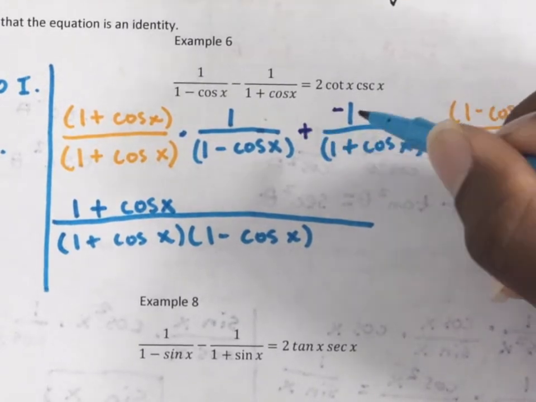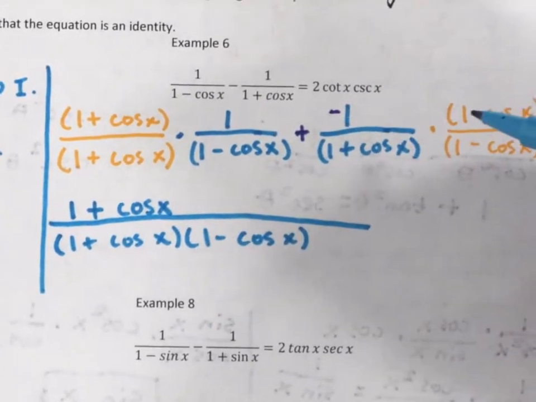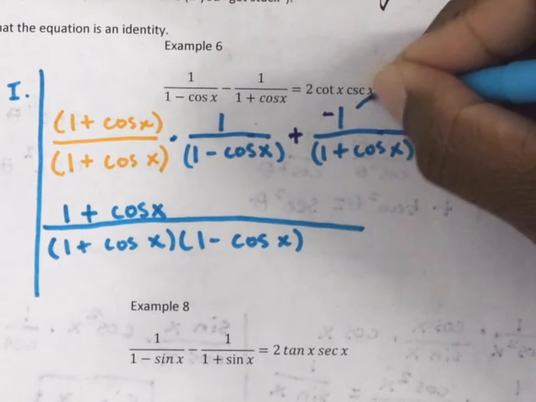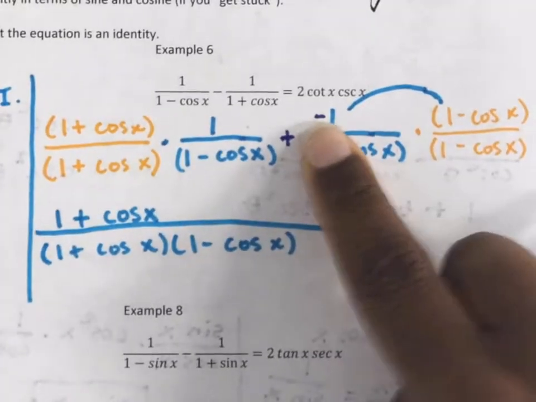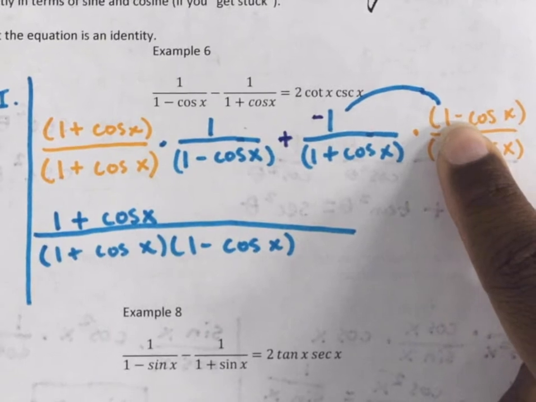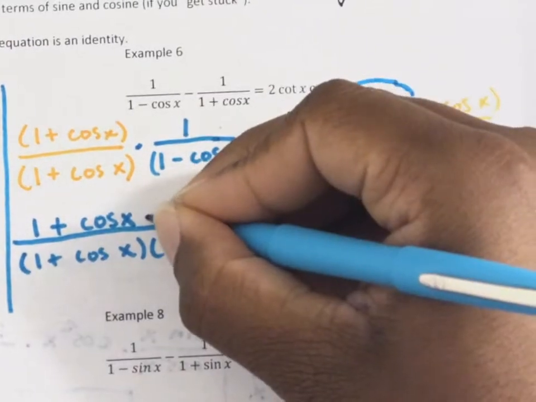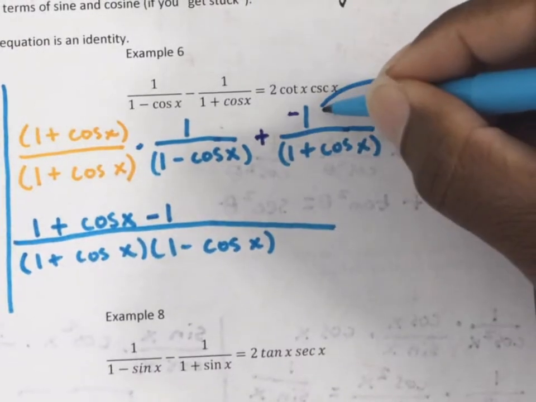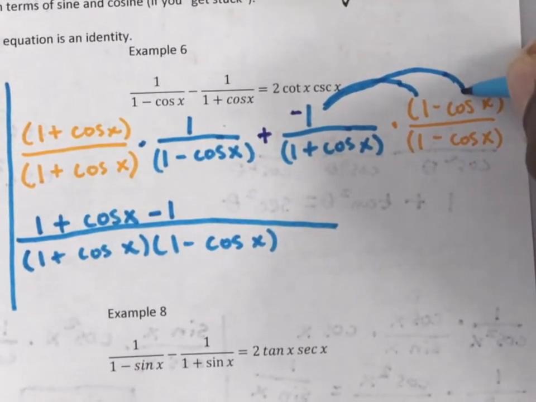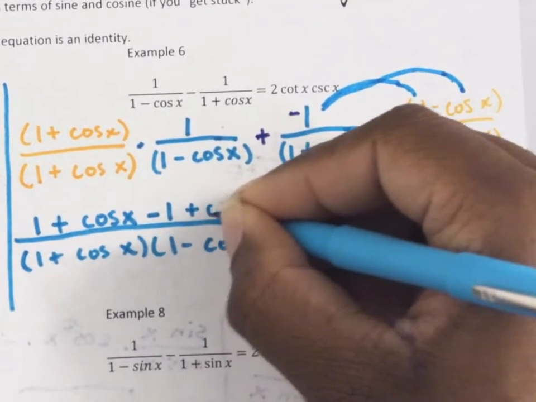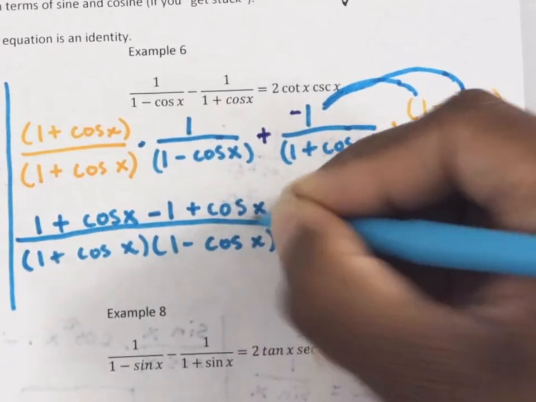So I got plus, but it's negative 1 times, I'm sorry, I said negative 1, but it's negative 1 times just the 1. Negative. So negative 1. Then I got negative 1 times negative cosine x, plus cosine x.